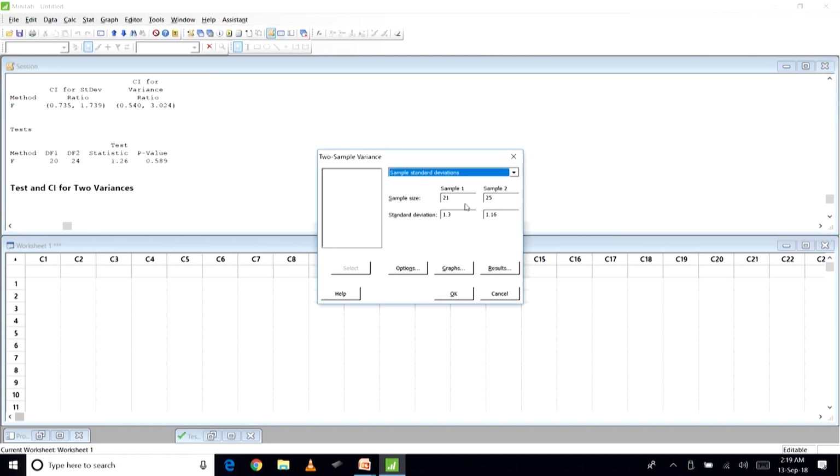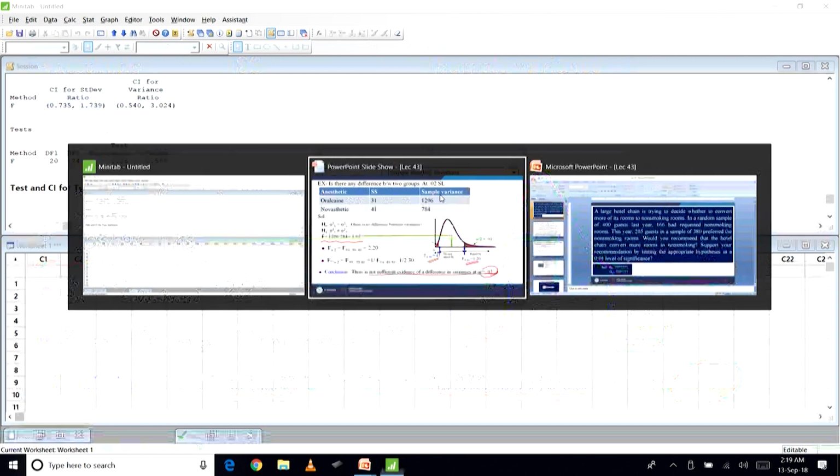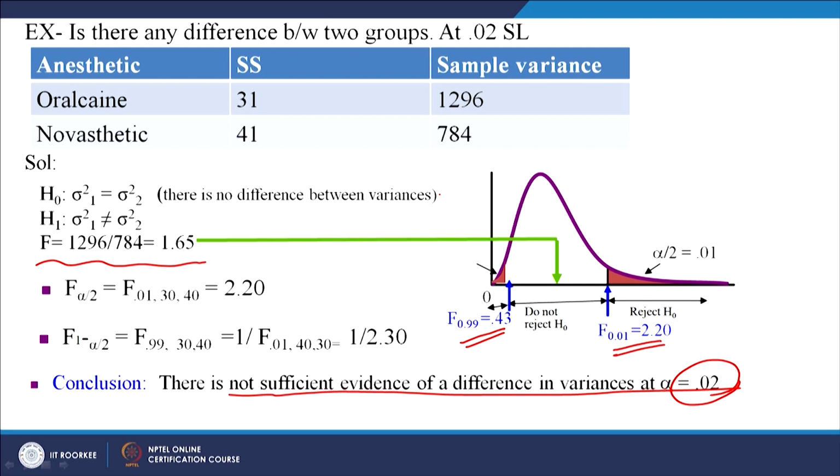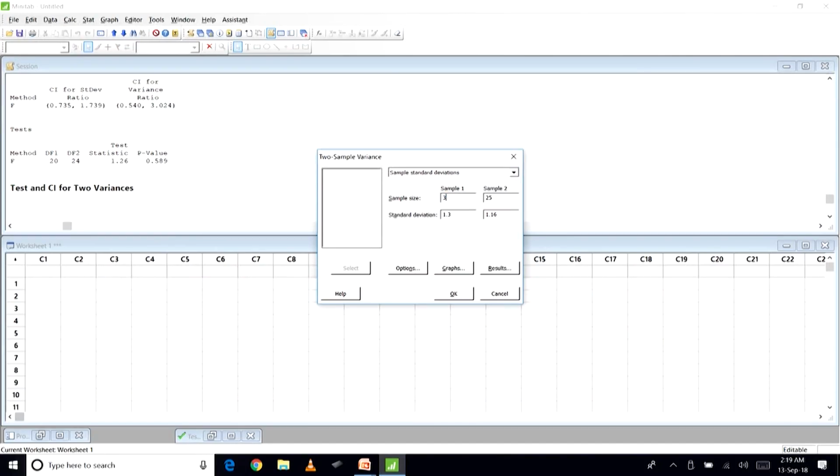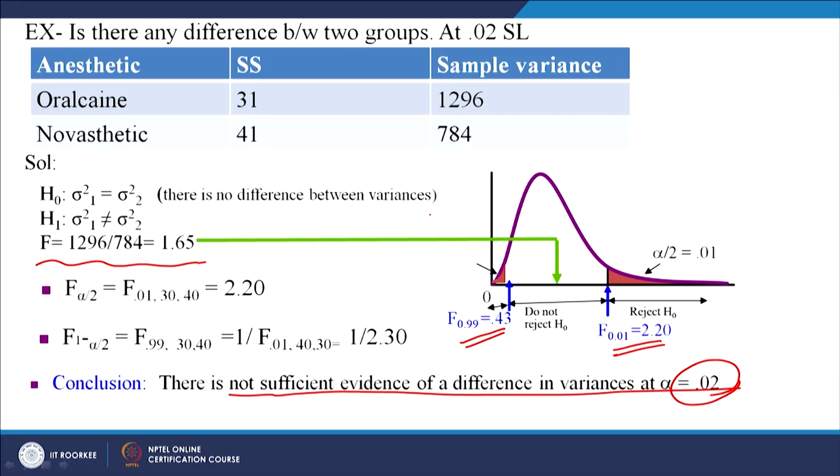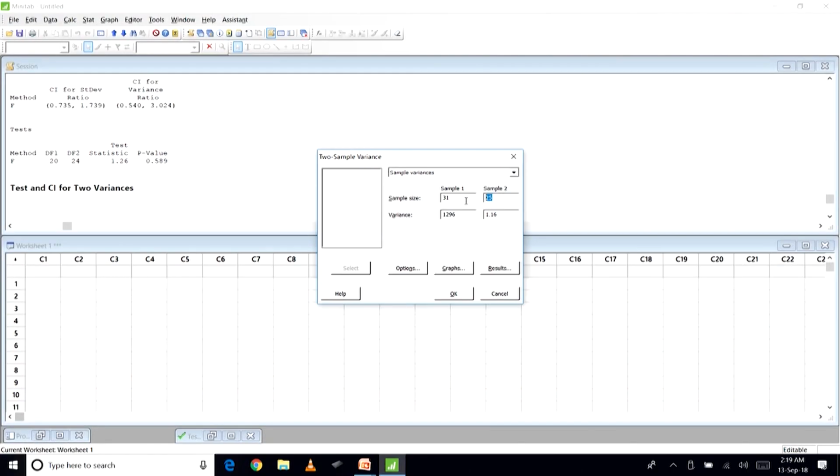The sample size is 31 and the variance is 1296. Rather than standard deviation, we can change this to variance, otherwise you will have to square it. So, the variance for the first sample is 1296 and for the second, with size 41, it is 784.